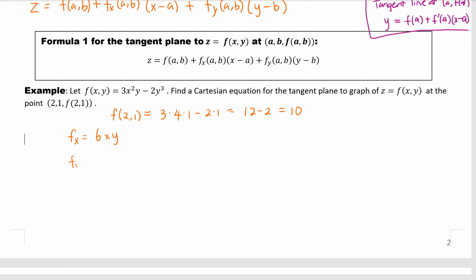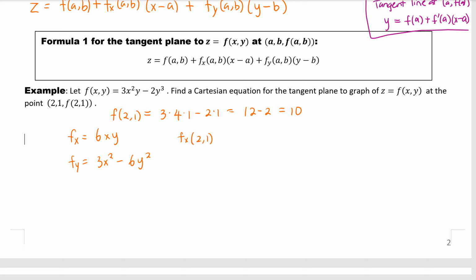And then how about partial f, partial y? We consider y is the variable and x is the constant. Derivative of y equals 1. So we have the constant multiple and multiply by 1 minus derivative of y cubed is 3y squared. But 2 times 3 is 6y squared. Is that okay, everybody?